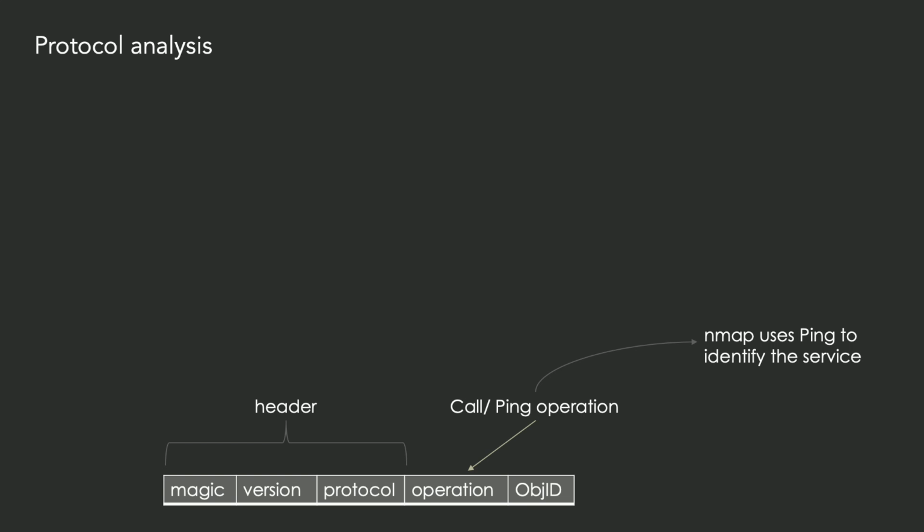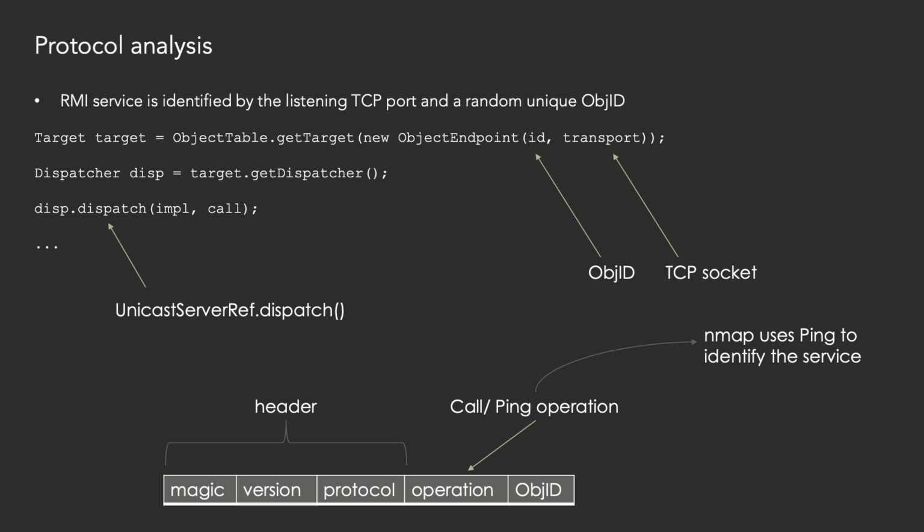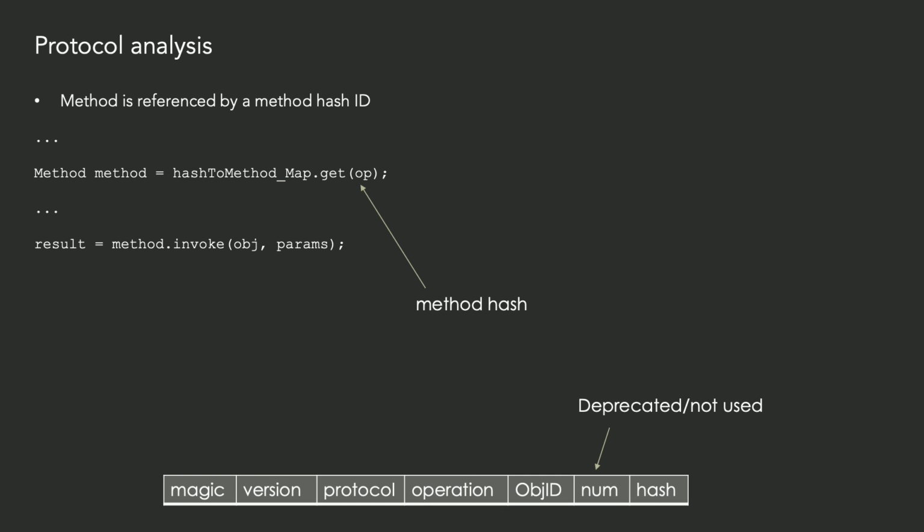Actually, Nmap, a network scanner, uses the ping operation to identify the RMI service, which means whenever you use the ping operation, the server is required to send back a response. And there will be an object ID. Every RMI service is identified by the listening TCP port and a random unique object ID, which is this. So the TCP socket and the object ID.